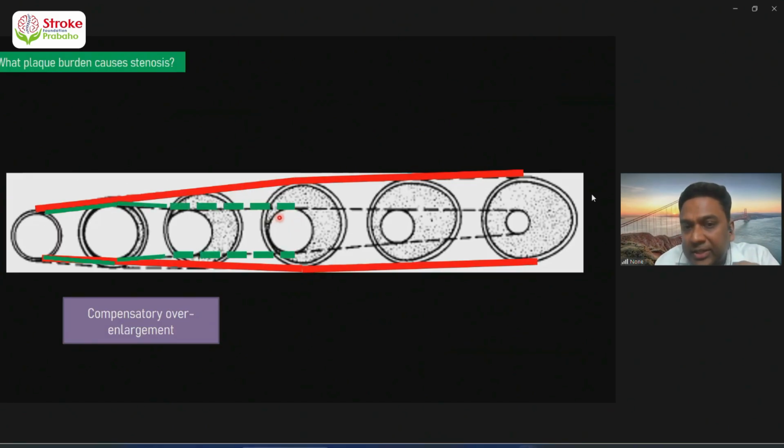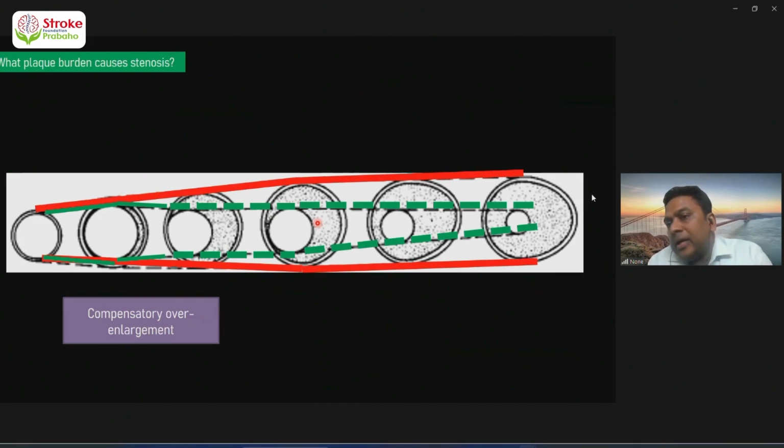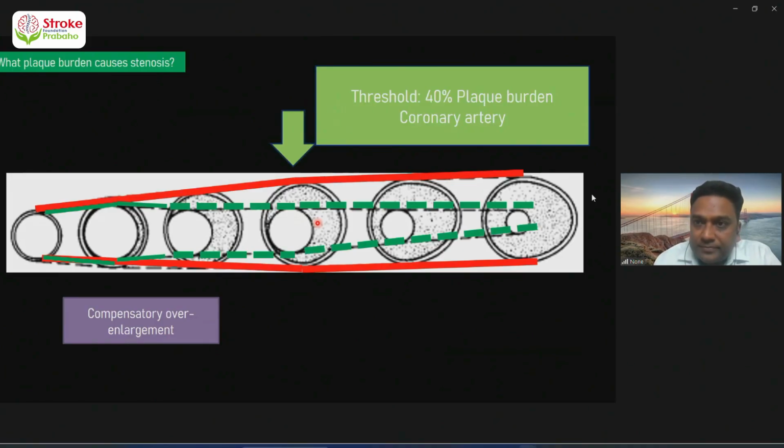Beyond a particular level of plaque size, the lumen starts going down. So initially it's a positively remodeled plaque. Later on, once the lumen goes down, fibrosis of the plaque also occurs. Overall, the artery shrinks and becomes a negatively remodeled artery.